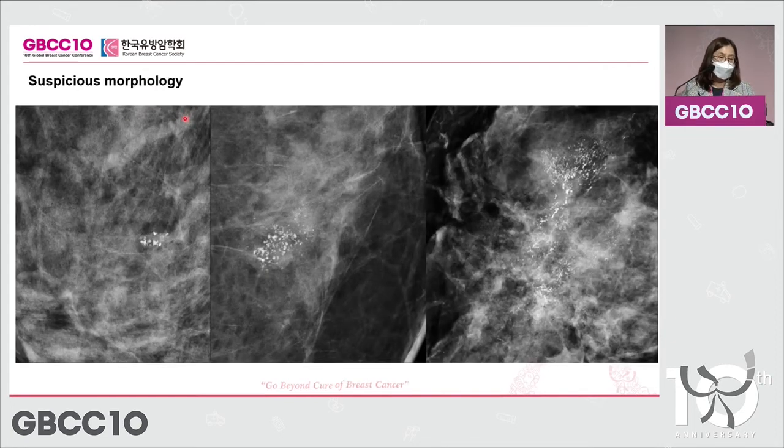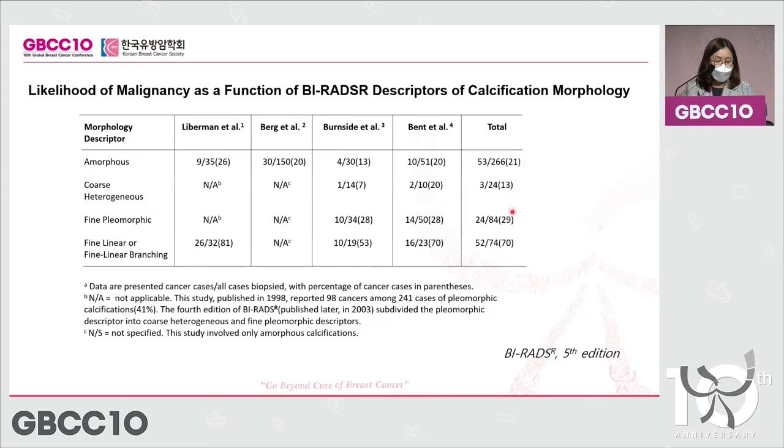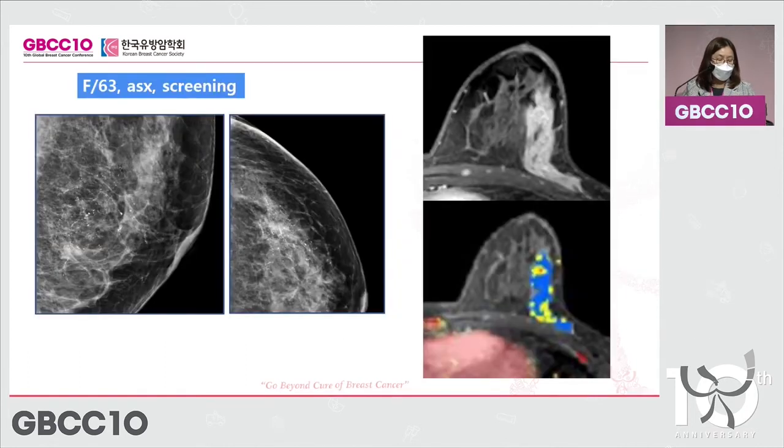But in some instances, we would come across suspicious morphologies. Heterogeneous, there are many words that we use to describe this. In 10% or more, and in the case of fine linear, in 70% or more, this would be suggestive of cancer, so you will have to go through a biopsy or a surgery. So calcifications are not always bad, but if you have a suspicious calcification, you will have to do a biopsy.